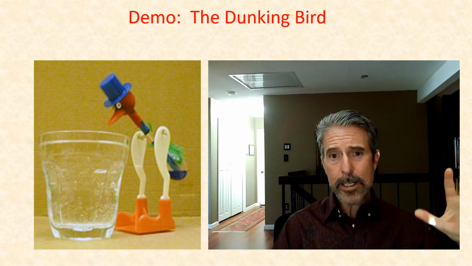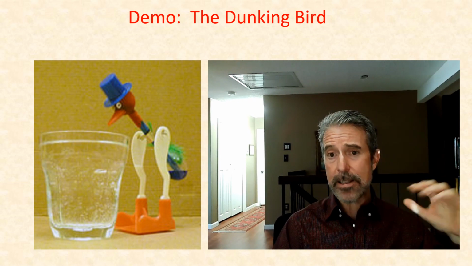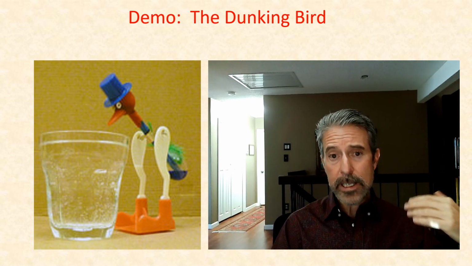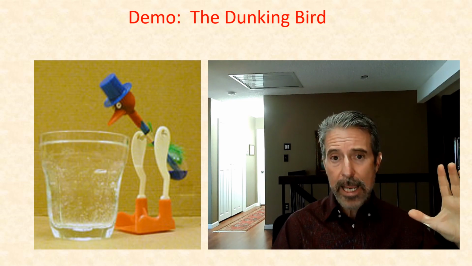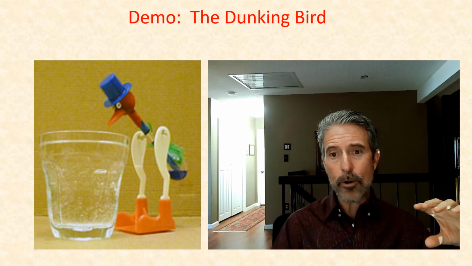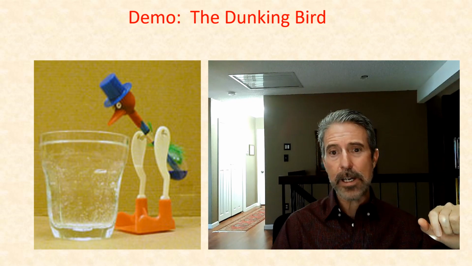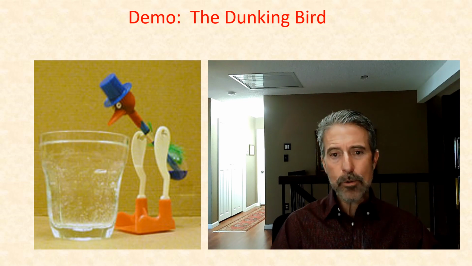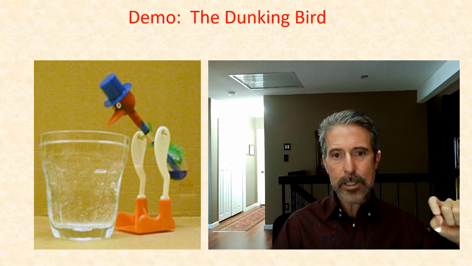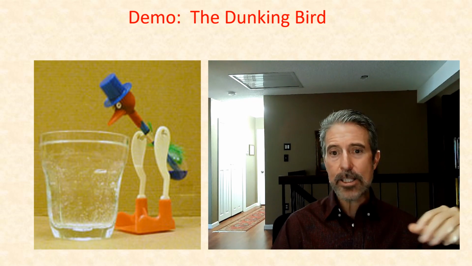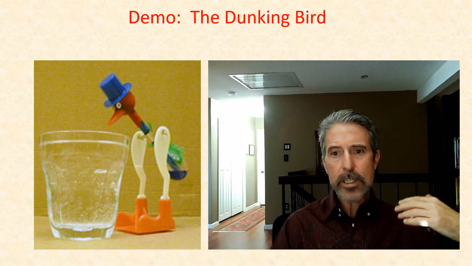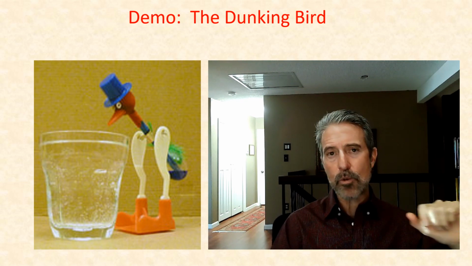So this toy dunking bird operates by the evaporation of the ether inside the body and by the evaporation of water from the outer surface of the head. When you look at the apparatus, you can see that the lower body contains liquid ether, which evaporates very rapidly at room temperature.